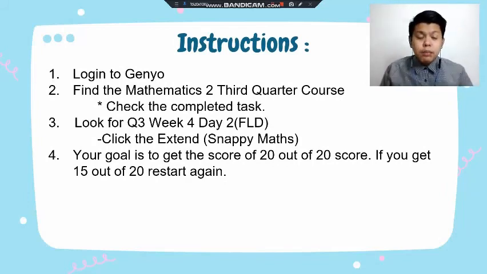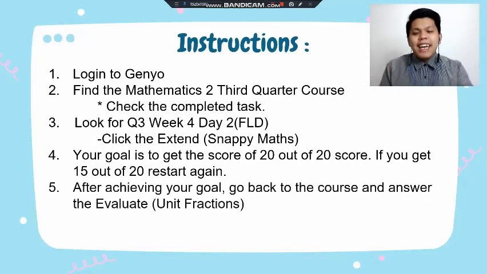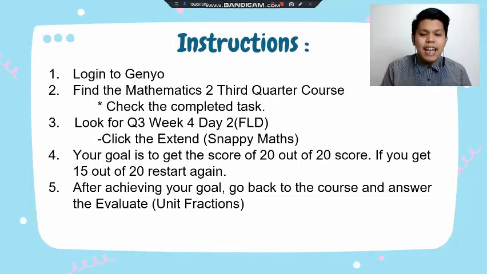So you will be able to see that below your answer, 18 out of 20. Now, if you get 15 out of 20, I need you to restart again. So this is for you to really practice unit fractions. And after achieving your goal, you may go back to the course and answer our evaluate unit fraction.